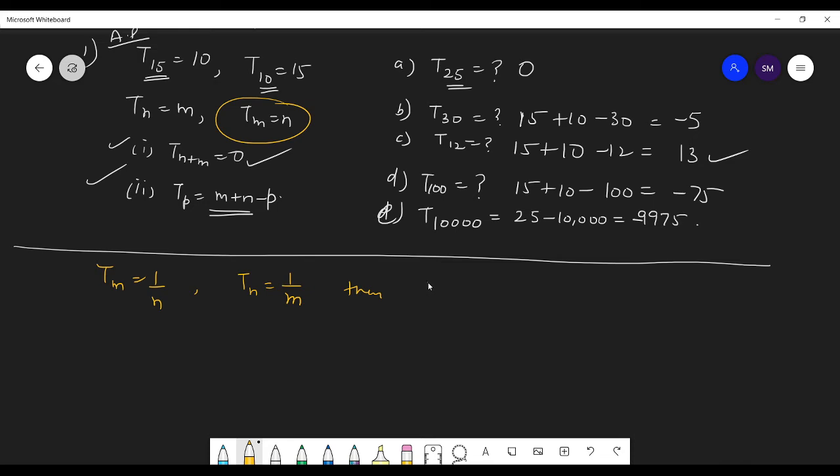Very good. So T(mn) is equal to 1. Have you done this question? Yes, sir. Seema ma'am has told us how to do this question.